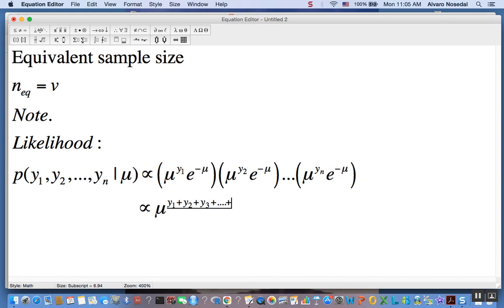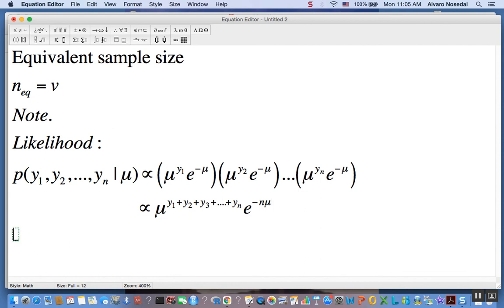Dot dot dot. And we have e to the power n times mu, right? Agreed? That's the likelihood, okay?